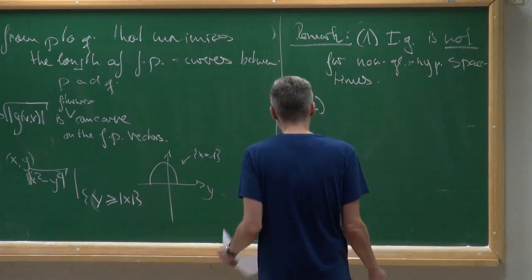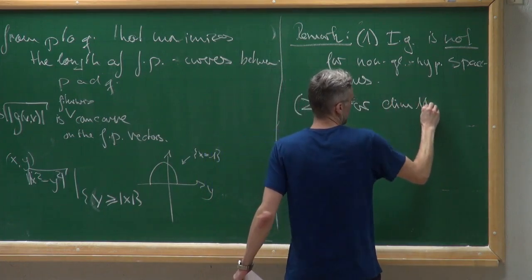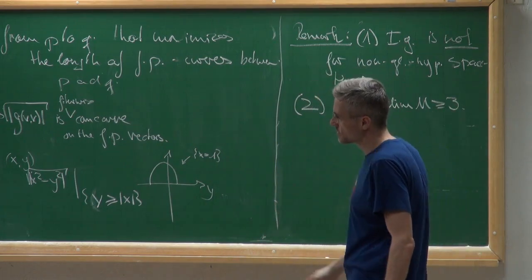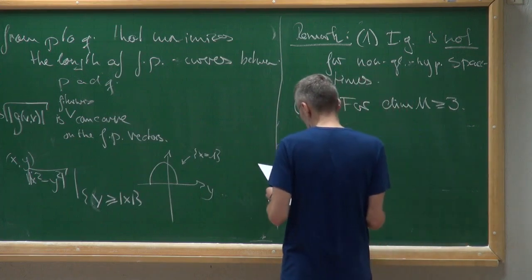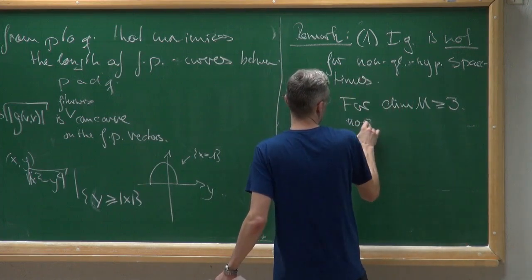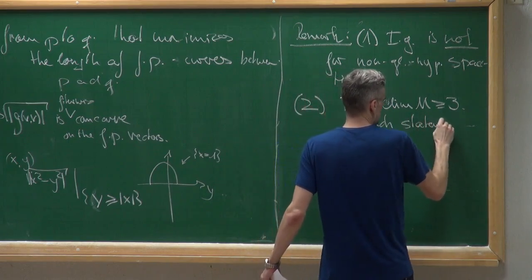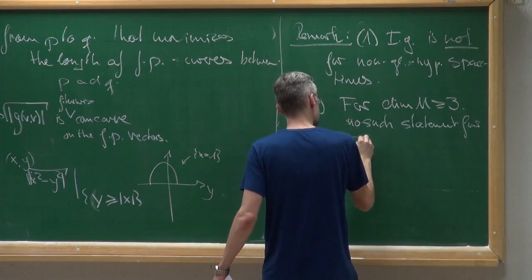And for dimension of M at least 3, dimension 2 is a bit special, because there the Lorentzian signature is the same as the split signature. No such statement for space-like curves exists.